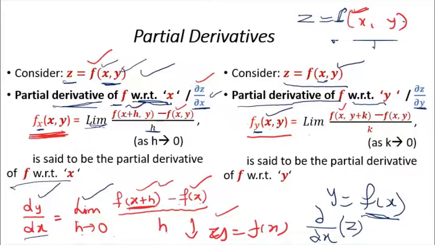The change you take in y is k. So [f(x, y + k) - f(x, y)] is the difference in the f value, divided by k, as k tends to 0. This ratio is said to be the partial derivative of f with respect to y.